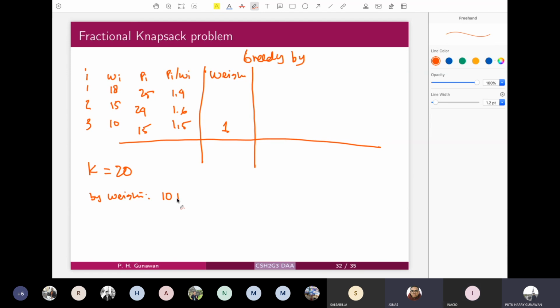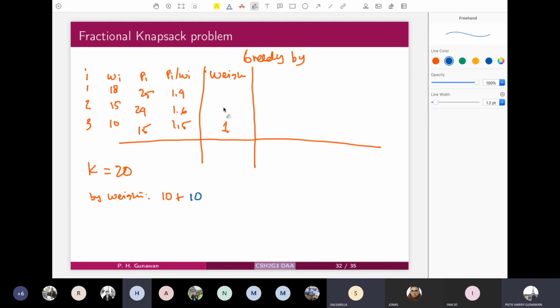The problem is there is no more 10, because this is the smallest one. So I need to change to make this one 10.